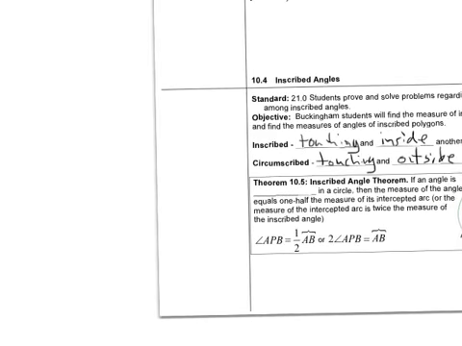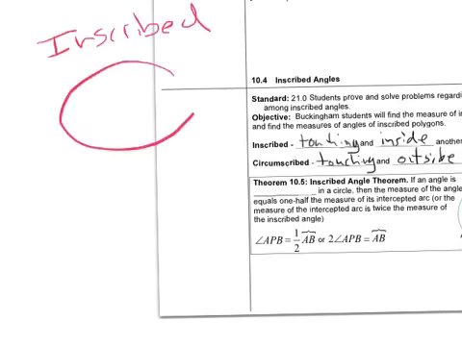Let's say I wanted to do inscribed first. Okay, inscribed would be like this. I have a circle. I know it doesn't look like a circle, but trust me, it's a circle. And I have a triangle that is inscribed in that circle, or inside that circle. Okay, circumscribed would be like this.